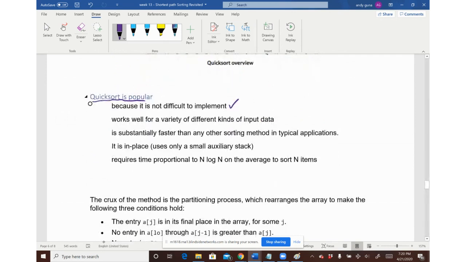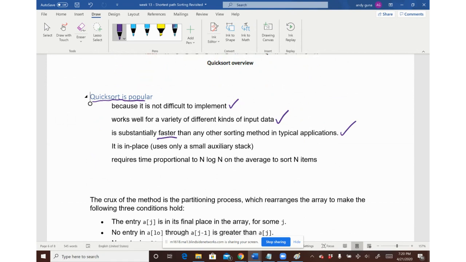And in practice, it works well for a variety of different kinds of input data. So as I said before, it's a very popular sorting algorithm to use for many things in practice. It is substantially faster than any other sorting algorithm for typical applications.